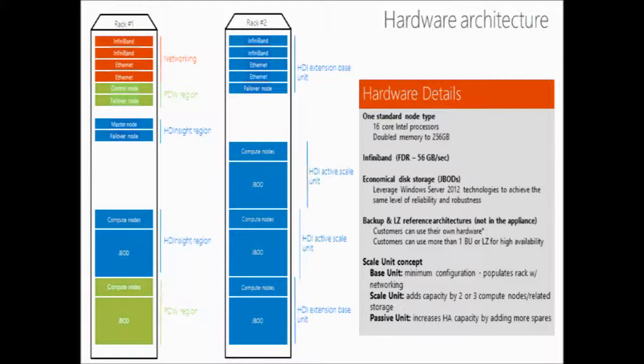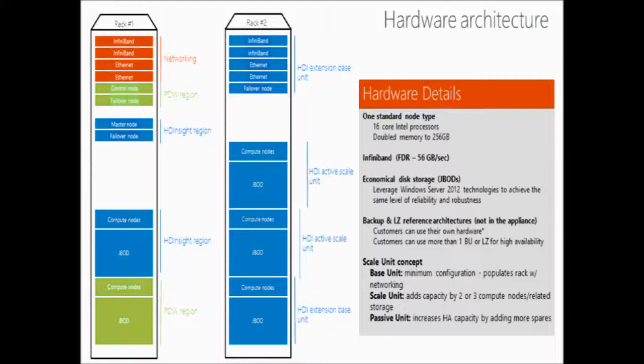Let's talk about how hardware looks like. As I said, we have a standard hardware, and it is off-the-shelf servers and storage. For server side, we have 16-core Intel processors and 256 GB of memory. And since this appliance works on top of different computers working together, we need a high-performance interconnection between compute nodes and the control nodes.